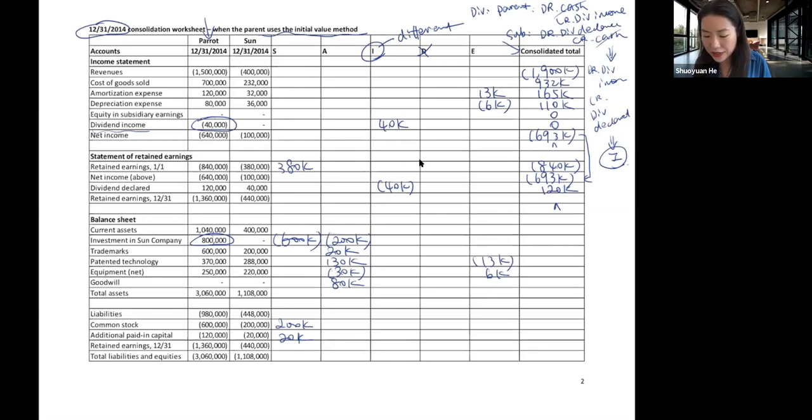On your balance sheet, current assets adds up to 1,440,000. Investment in the Sun company is 0. Trademark 820,000. Patented technology 775,000. Equipment is 446,000. Goodwill is 80,000. If you add up everything, your total assets will be 3,561,000.